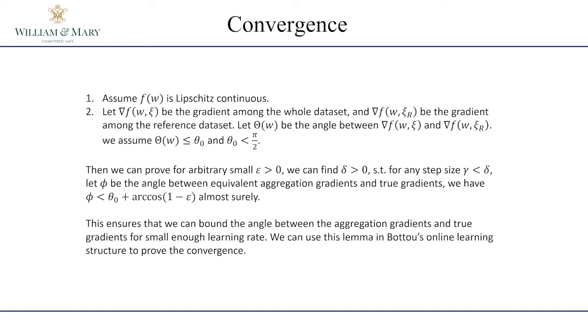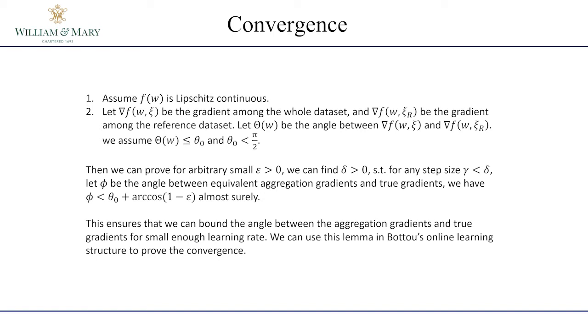Here we made two assumptions. First, we assume F(W) is Lipschitz continuous. F(W) is the loss of these neural networks. Second, let nabla F(W) be the gradient over the whole dataset, and nabla F_R(W) be the gradient over the reference dataset.